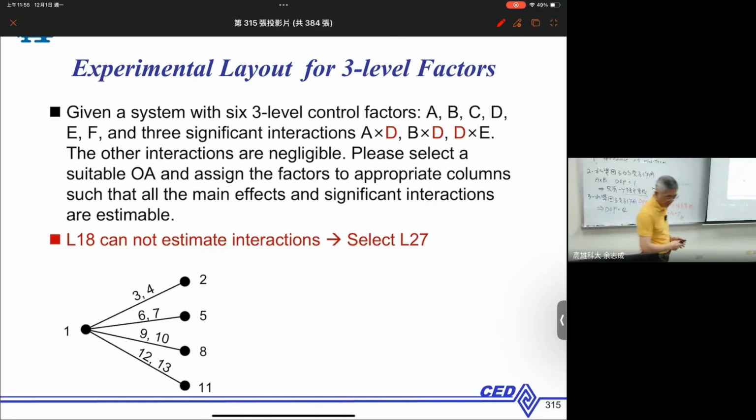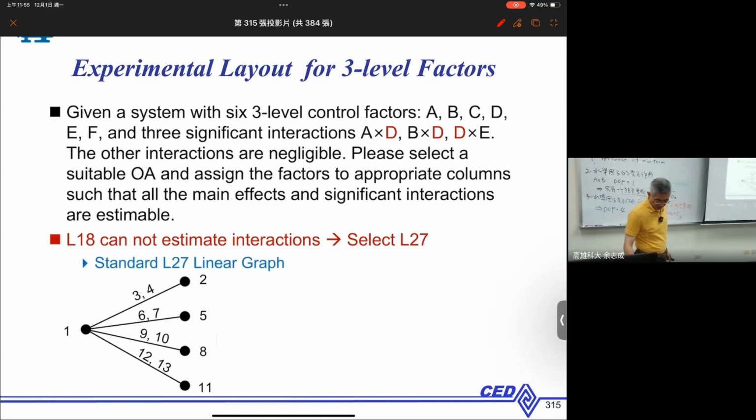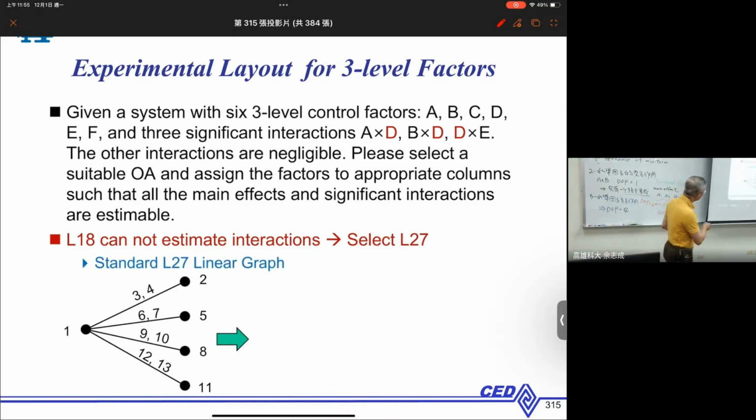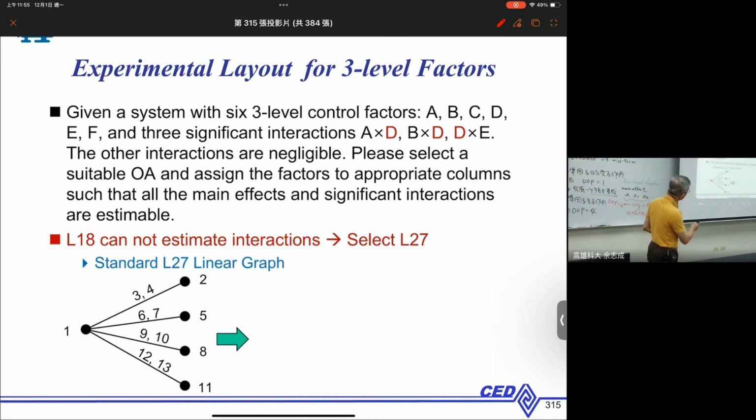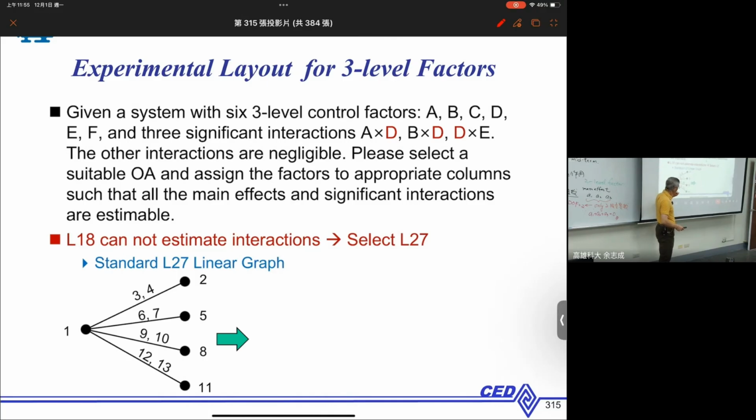So we select from here, and we know D needs to be assigned to this one, and A, B, E can be assigned to columns 2, 5, 8. However, anything assigned to column 11, these interactions are negligible. We only have 3 significant interactions, so column 12 and column 13 don't need to be used.